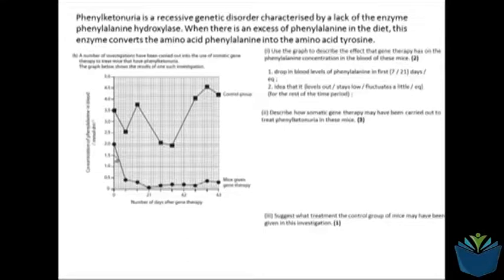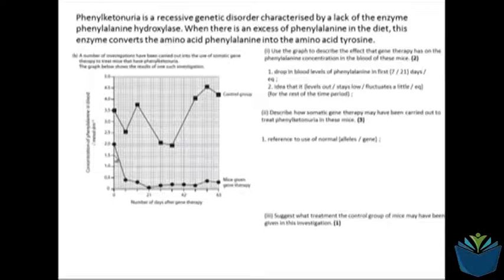Part 2: describe how somatic gene therapy may have been carried out to treat the phenylketonuria in these mice. With gene therapy, what you're doing is introducing the healthy allele or the healthy gene into an organism that doesn't have the healthy allele.